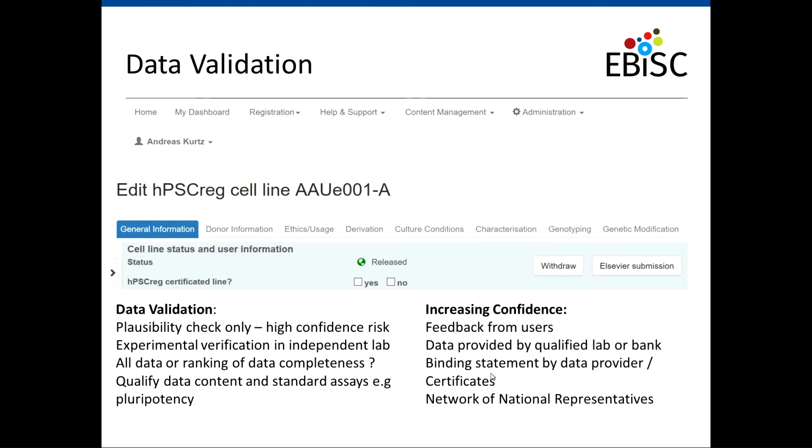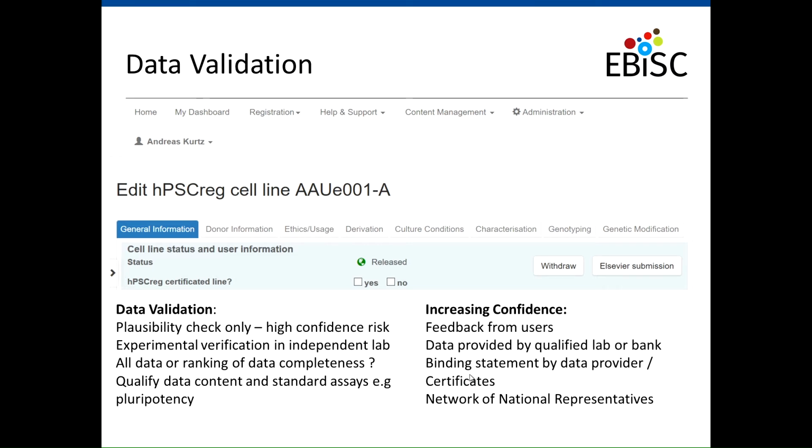We ask for binding statements by the providers of data. So the provider has to confirm at the end that he or she puts the data in to the best of her or his knowledge. We issue certificates, and we can only issue certificates when we have a certain level of confidence that the line is what it says it is.